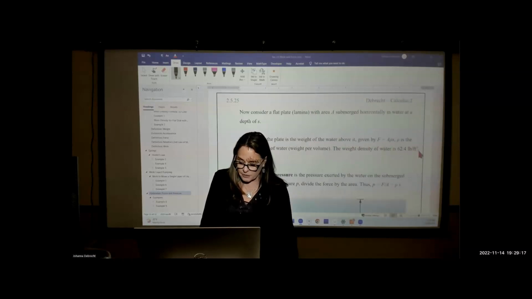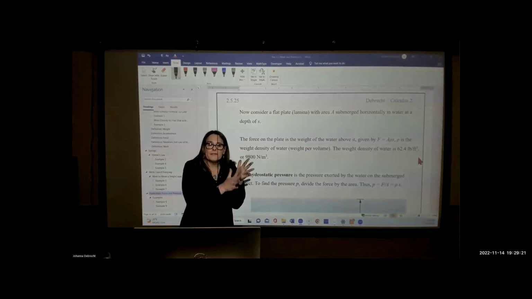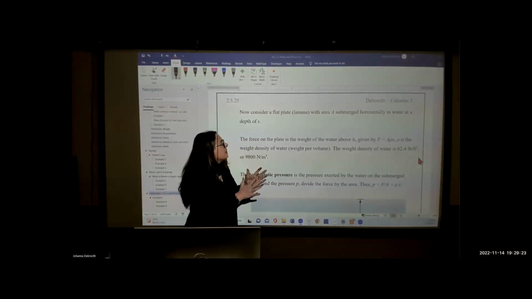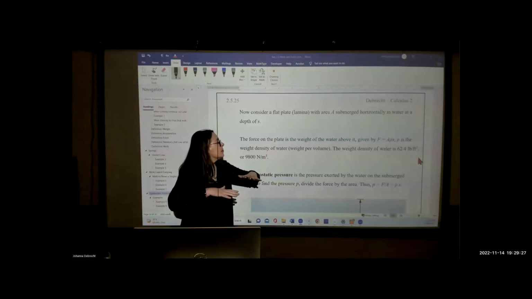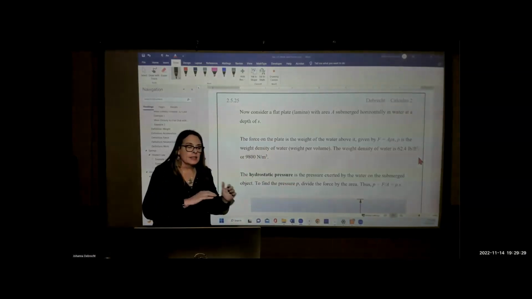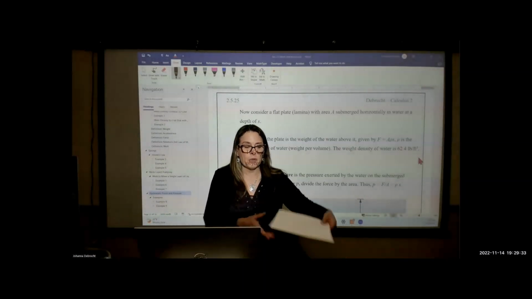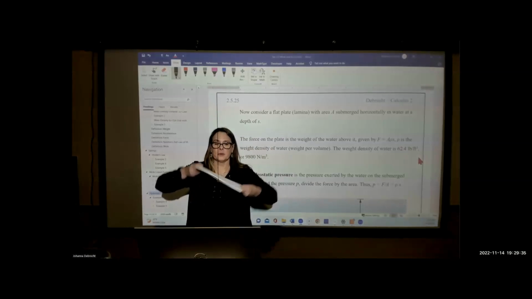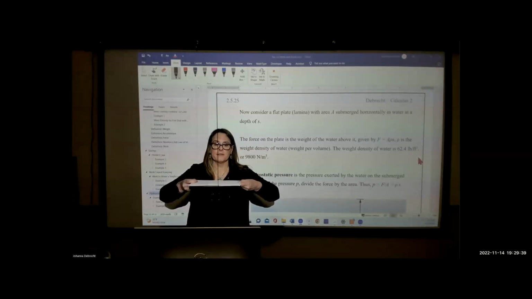What we want to consider first is a flat plate or a lamina, something very, very thin that has been submerged horizontally in water at a depth of S. By horizontally, we mean that it's down there like this. So it's not submerged like this. We'll look at something like that, but we're talking about this first.